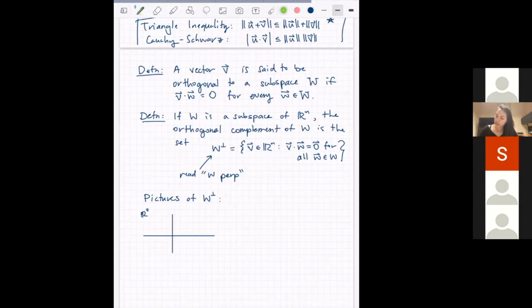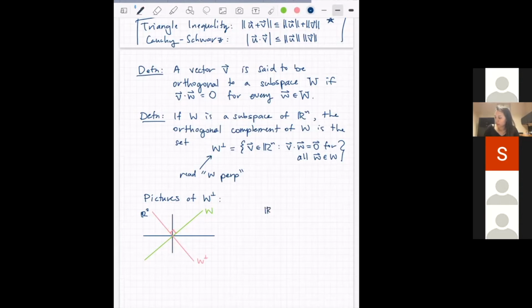So if our subspace looks like this, say this is W, then the collection of all vectors orthogonal to this will be just the vectors on this line. Great. So we have a right angle between those two, and if we take those all together, that will form W perp, right?